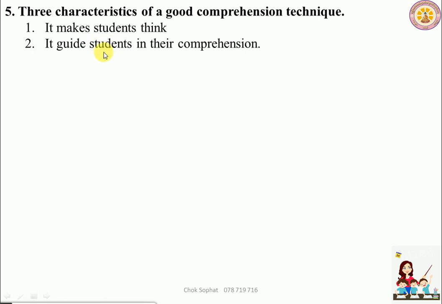So it tells the student what they should do while they are reading or listening, or after they read or after they listen. Number three, it makes them give clear response. So if the comprehension technique is good, it will help the student to give clear response. They will know how to respond and what to respond.